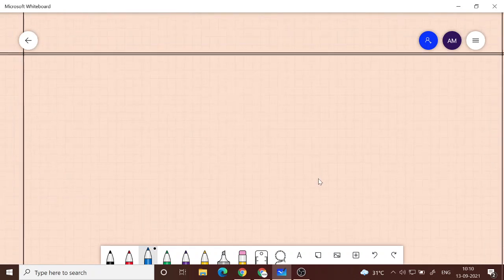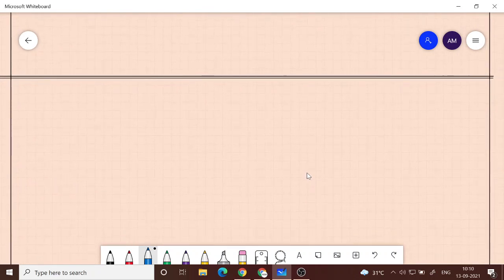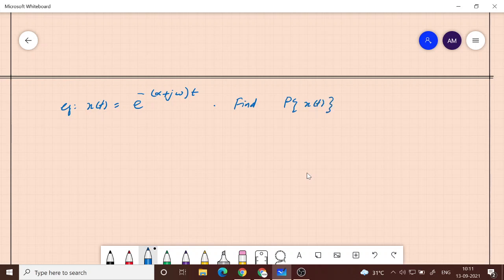Now if you go back to the previous example, we considered x of t equal to e raised to minus alpha plus j omega t. Now the question is, can we evaluate the power of this signal? How do you do this? Is it a periodic signal?